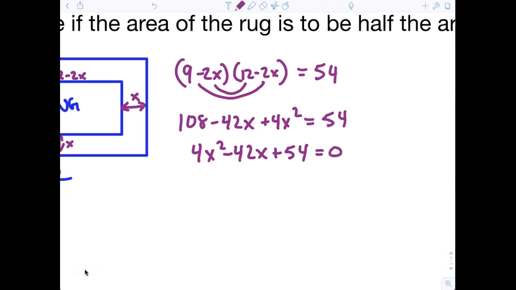Is everybody happy with that so far? Now, next step, I need to do what? Divide by 2. When I divide by 2, 2x squared minus 21x plus 27 equals 0. Now we're going to start factoring.